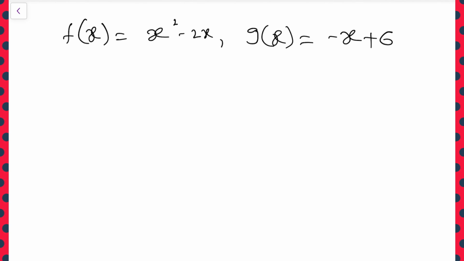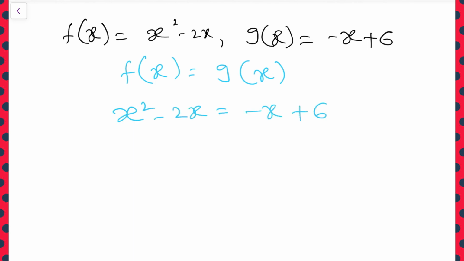He is asking for what domain the two given functions are equal to each other. So if two functions are equal to each other, I will write the statement as f of x is equal to g of x. f of x, we got as x square minus 2x, is equal to g of x, which is minus x plus 6.